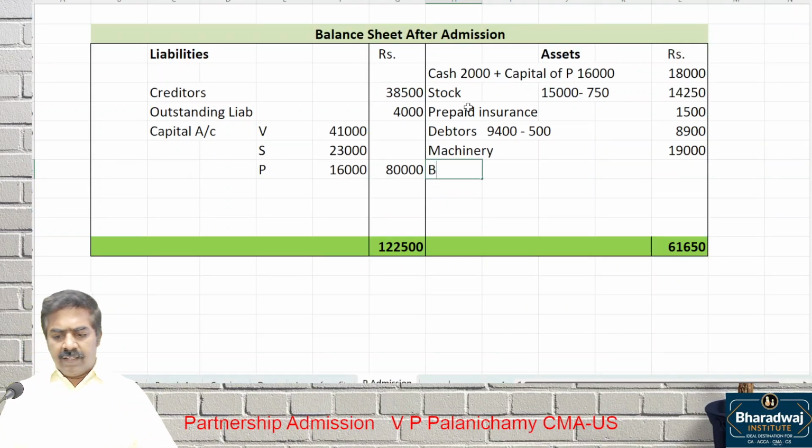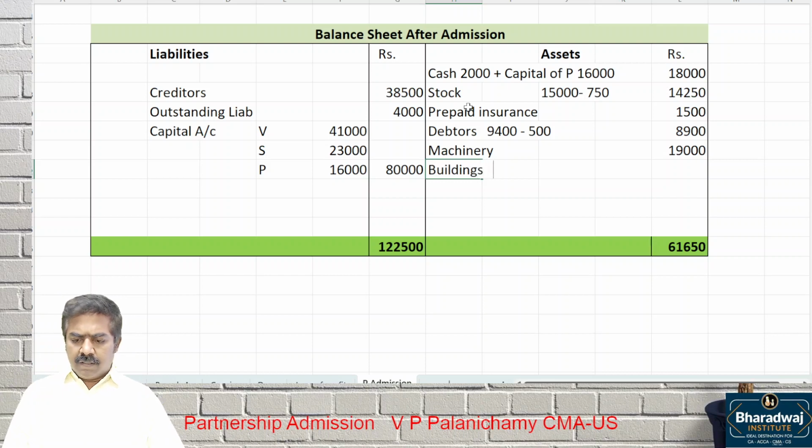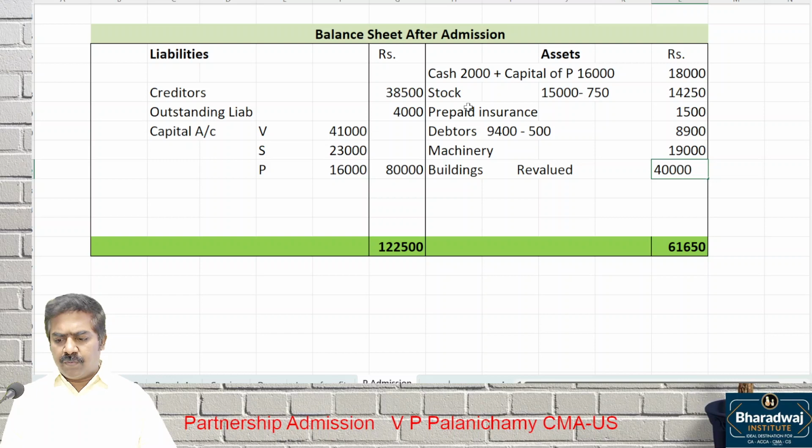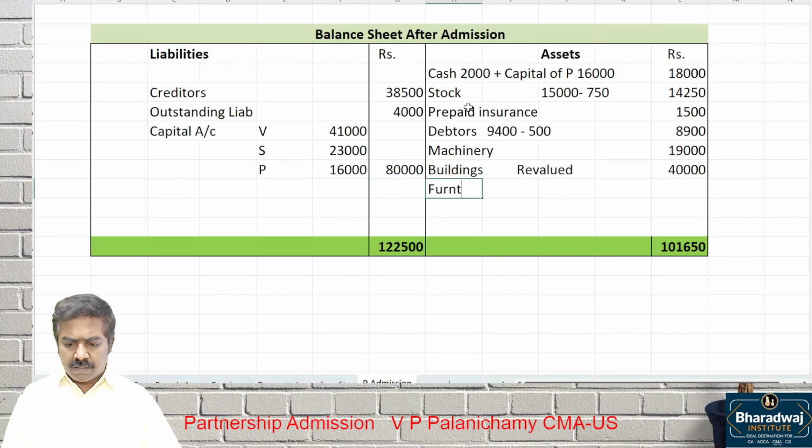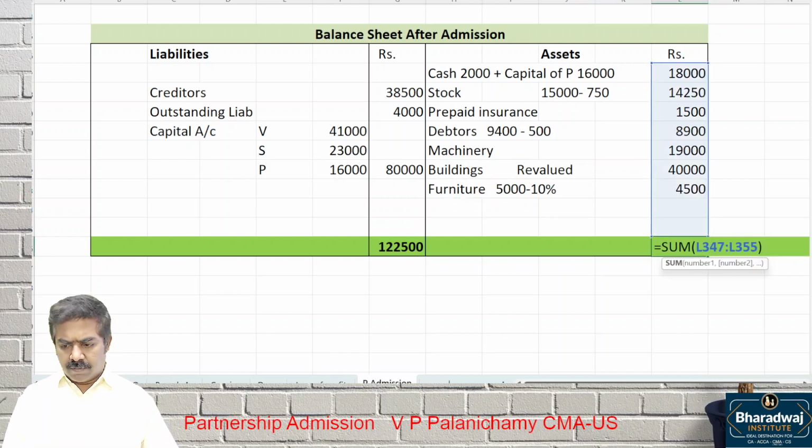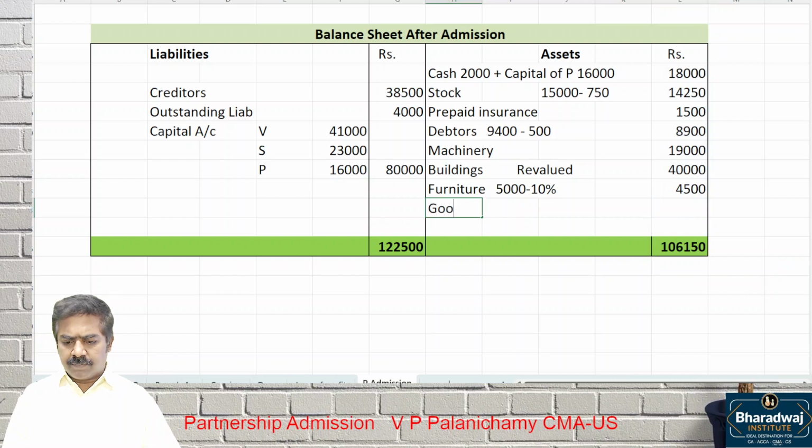Then buildings, revalued amount 40,000, building 40,000. அப்புறம் furniture 5,000 minus 10% depreciation, how much? 4,500. Then the goodwill is raised, we raised goodwill, how much? 16,350. Tallies.